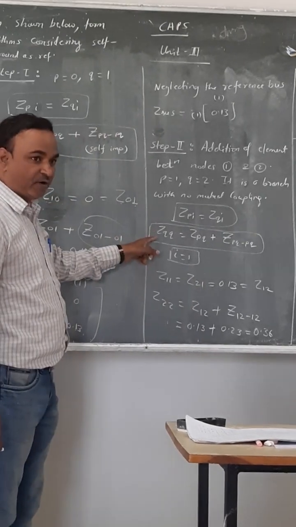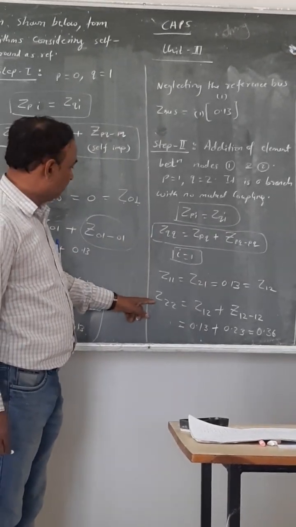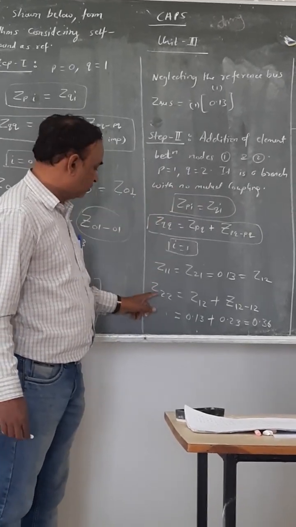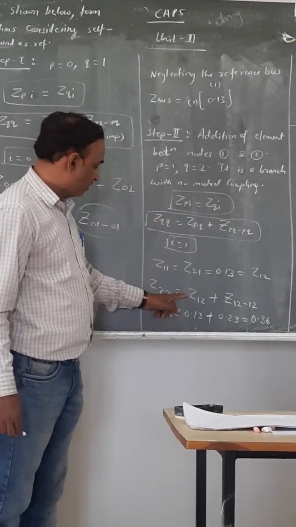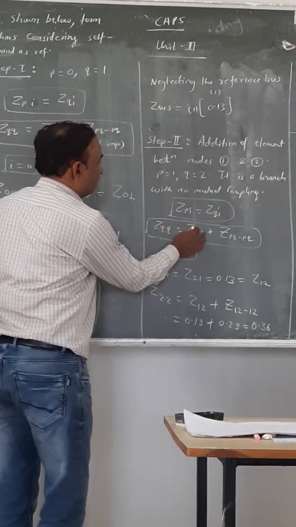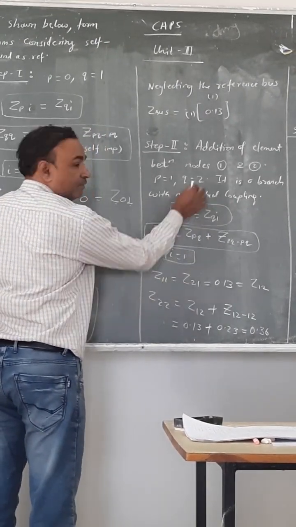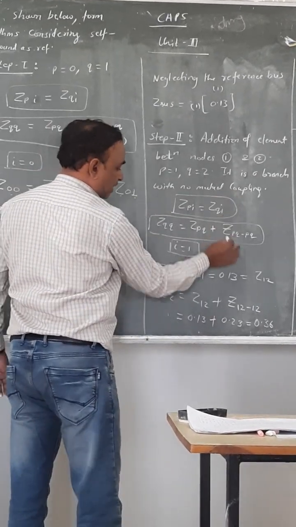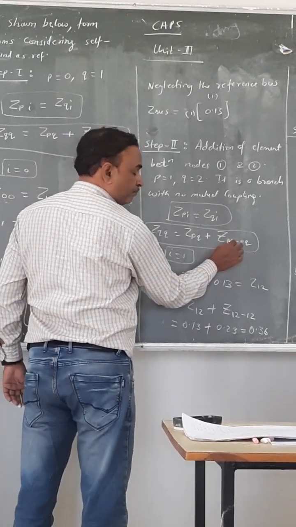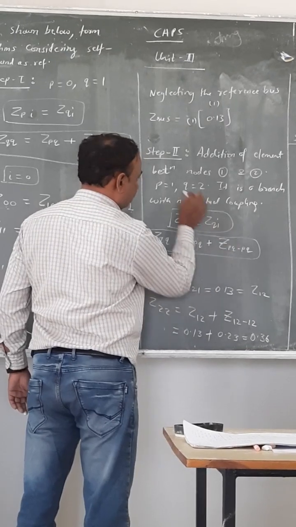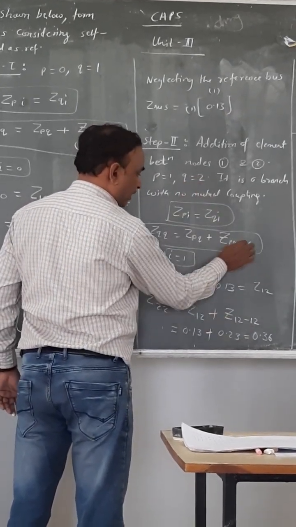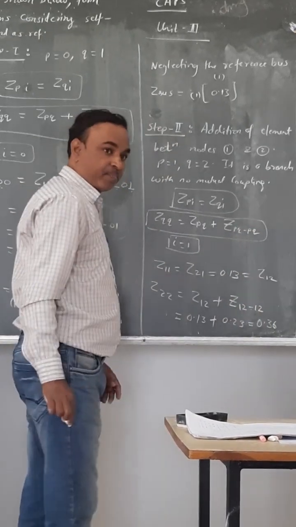Now using the second formula, ZQQ. What is the value of Q? 2. So Z22 equal to Z, P is 1, Q is 2, plus Z, P is 1, Q is 2, dash PQ. Is it clear? Yes.